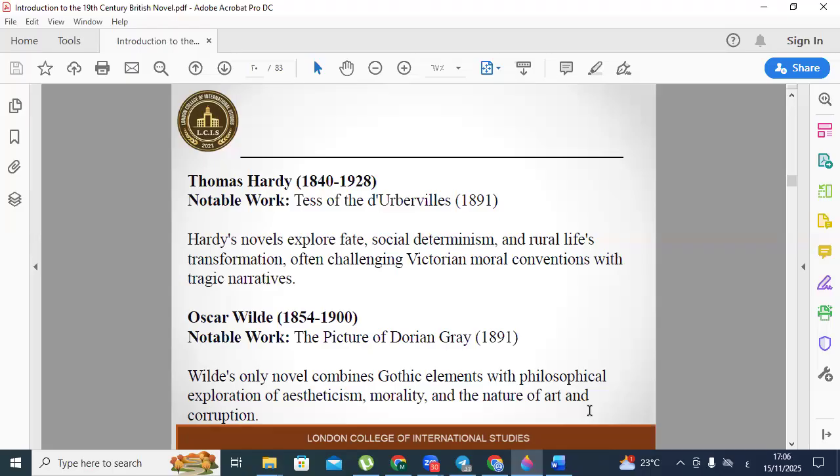Wilde's only novel combines Gothic elements with philosophical exploration of aestheticism, morality, and the nature of art and corruption.